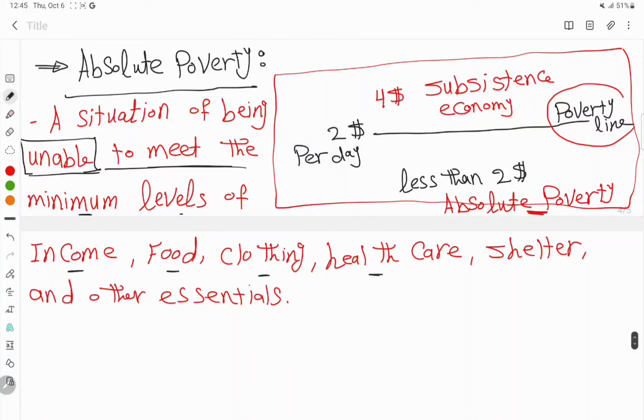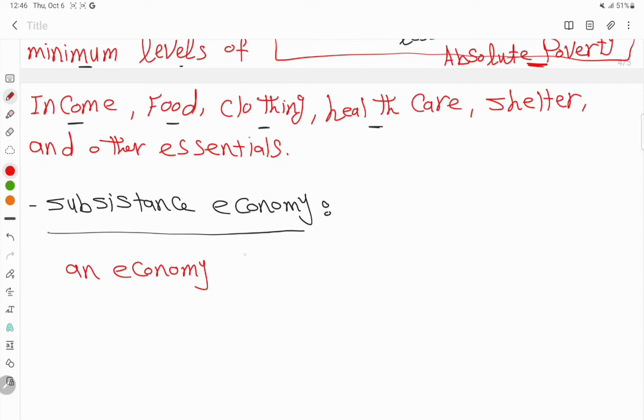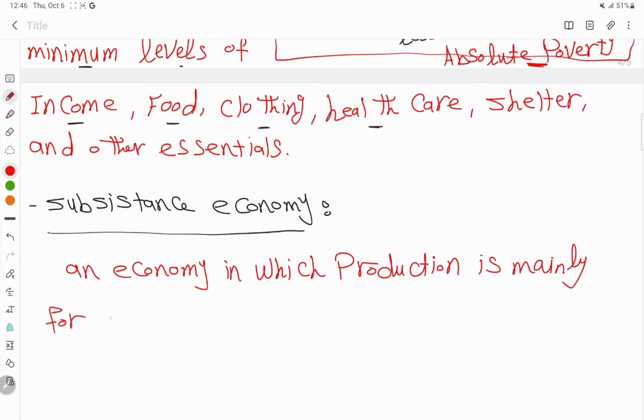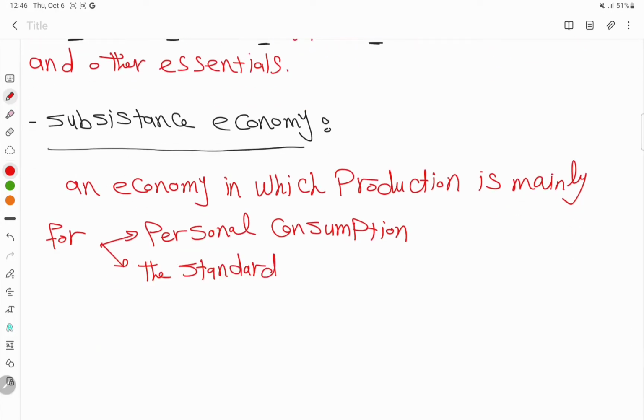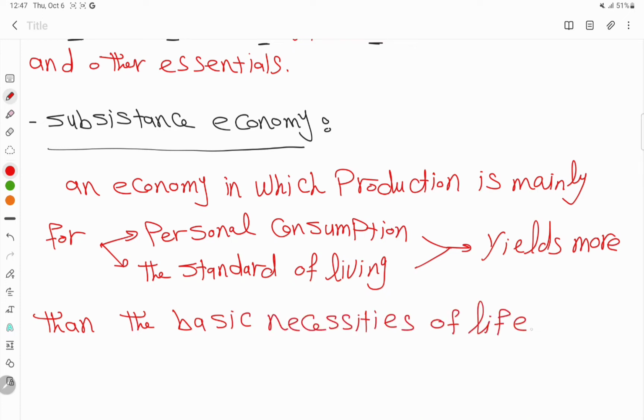But subsistence economy is an economy in which production is mainly for personal consumption and the standard of living yields more than the basic necessities of life.